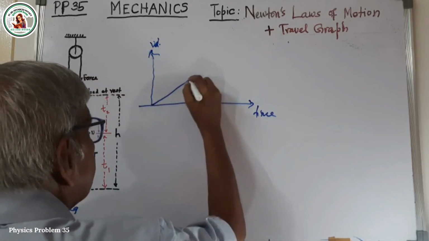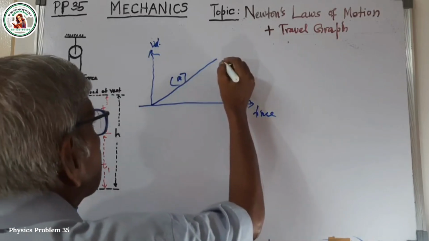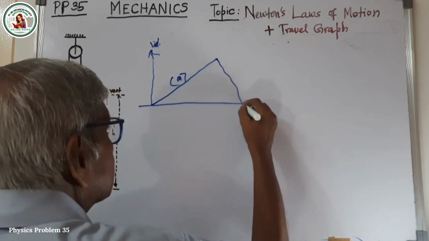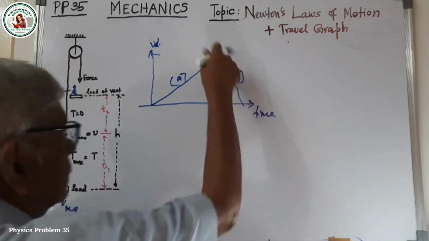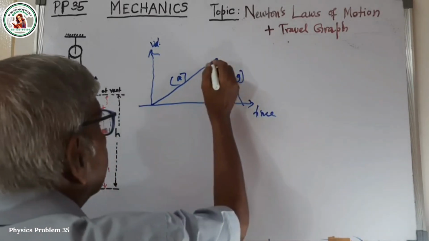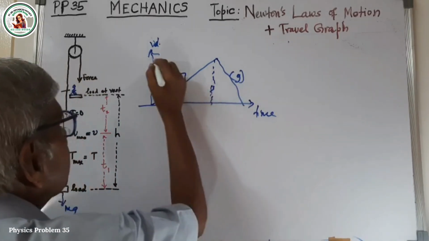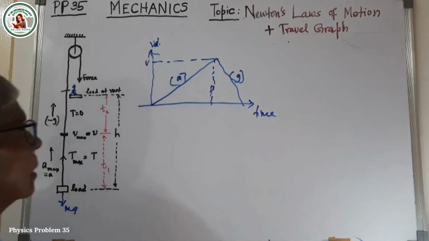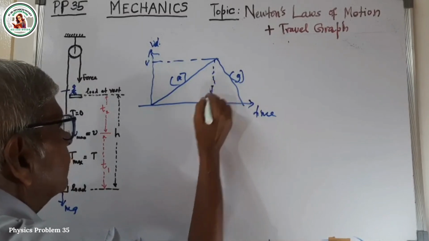Initial acceleration A, then retardation g. Minus need not be written, because the negative slope means g will be minus. So with initial acceleration it reaches a maximum velocity v, for which the time involved is t1.